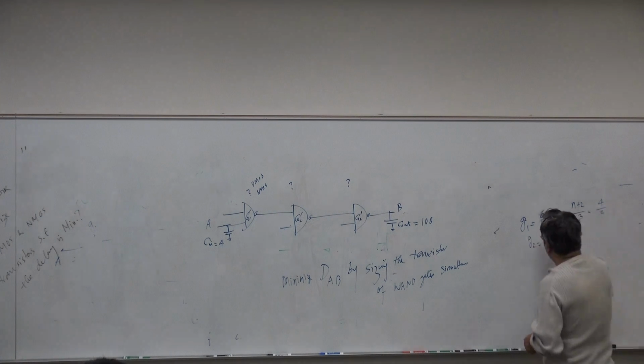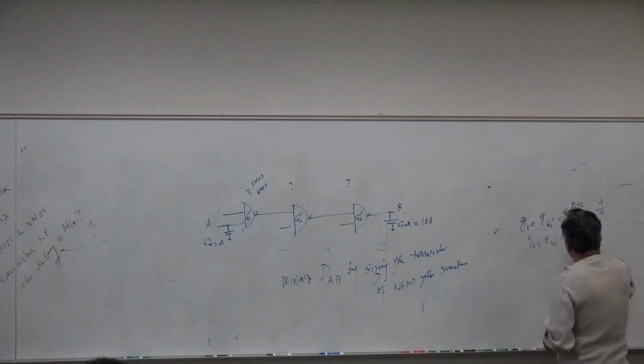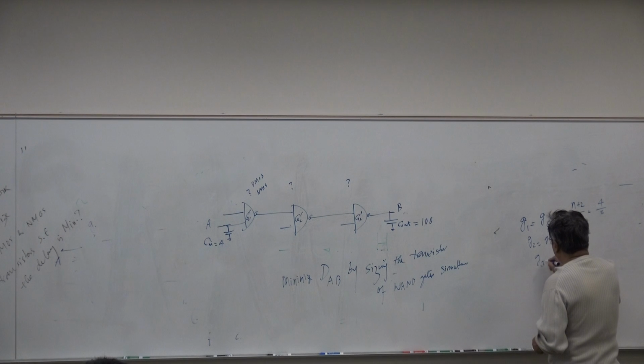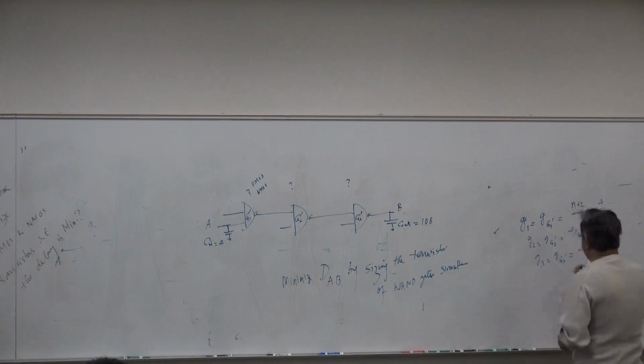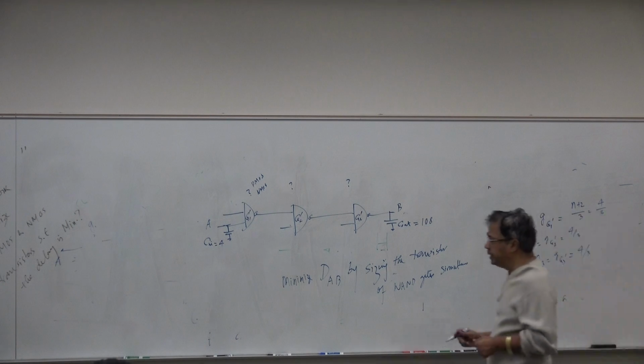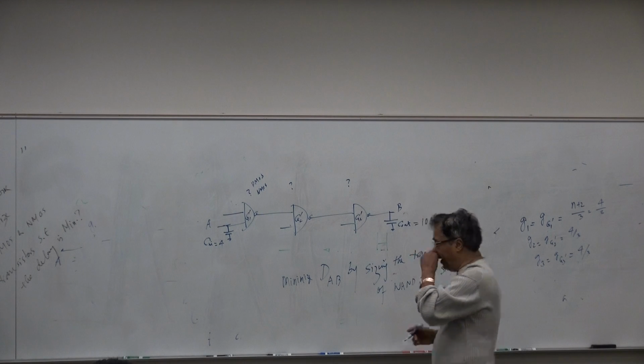G of G2 prime is 4 by 3. And G of G3 prime is 4 by 3. So each of these gates has a logical effort of 4 by 3.